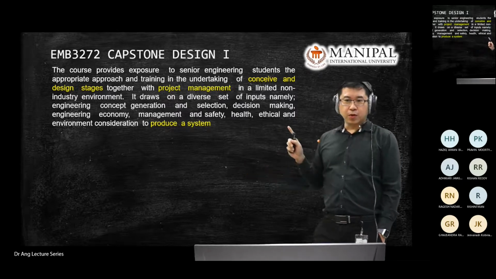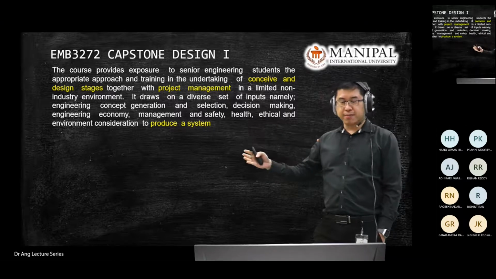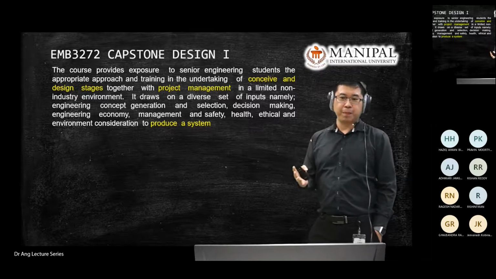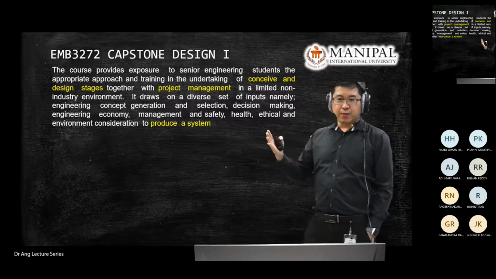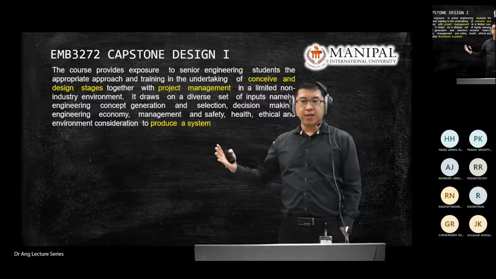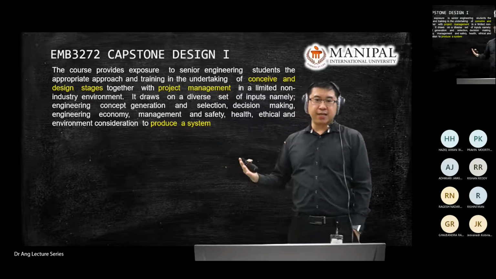By the end of the semester, you should have one design with you. And when it comes to Capstone Design 2 in the next semester, if you pass this module, then you will fabricate, you will materialize the idea.